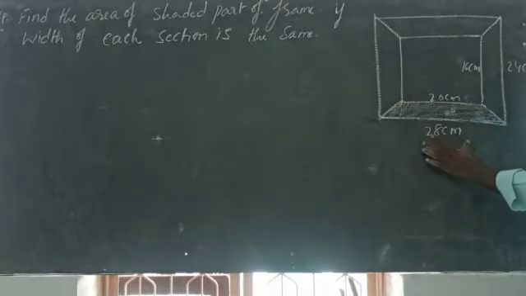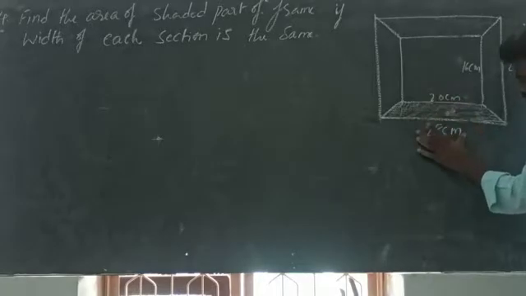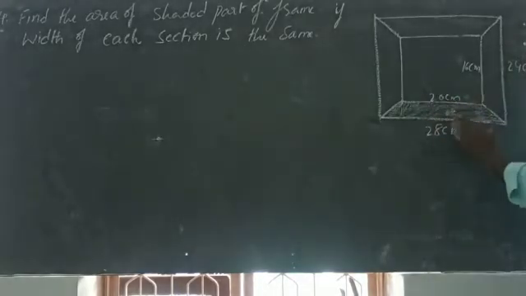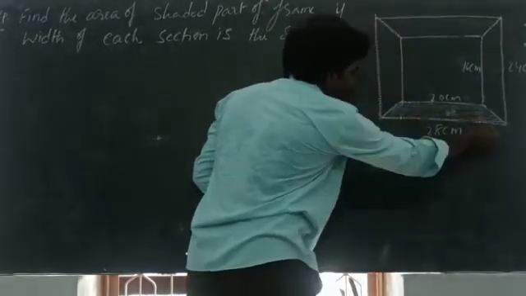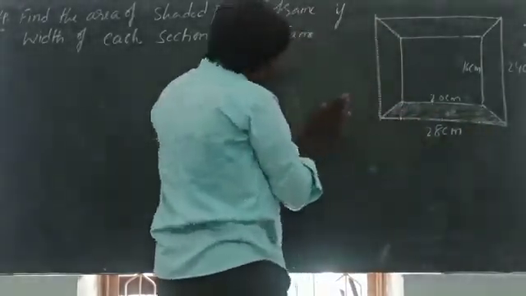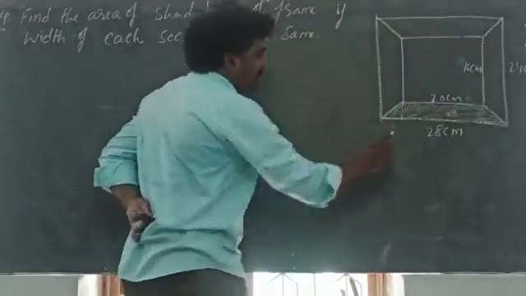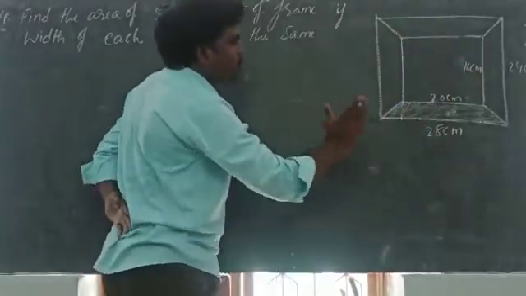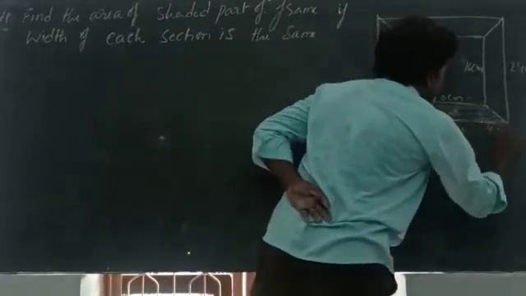Here 20, here 28. That means this 20 centimeter is a part of 28 centimeter. So what is the remaining length? 8. They given that the width of each part is the same. So the 8 centimeter is divided into two parts, 4 centimeter and 4 centimeter.